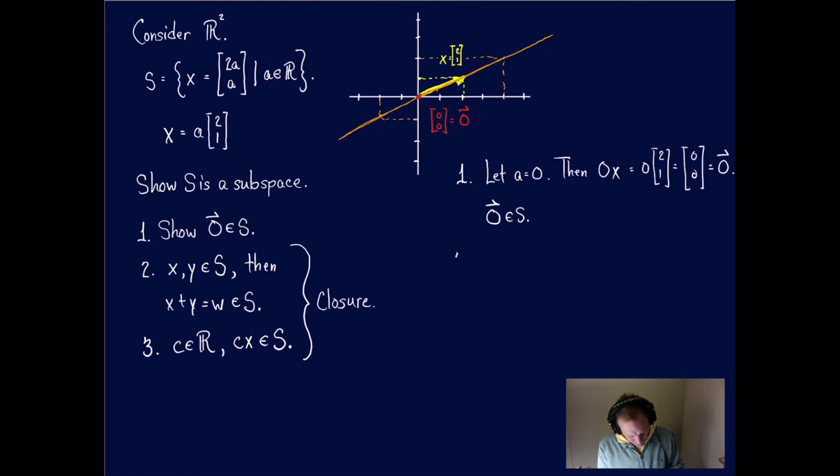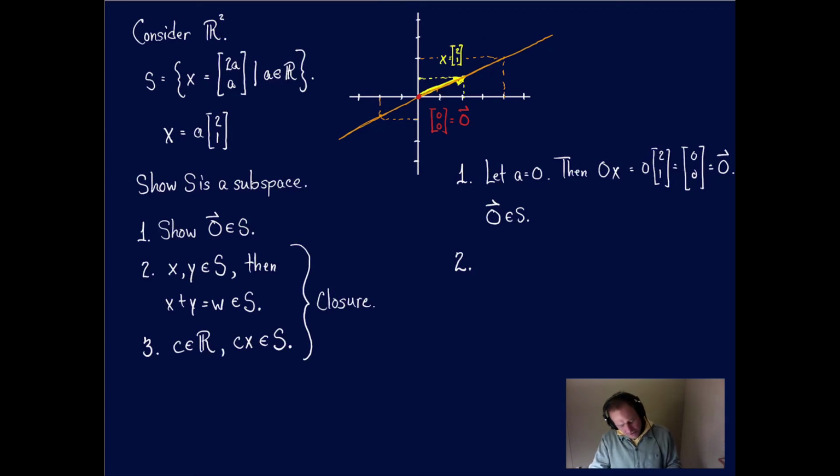Number two says that if I take 2 vectors from the subspace, they're still in the subspace. Well, that subspace is a line. It's just that orange line. Is that really true? Let's try that.